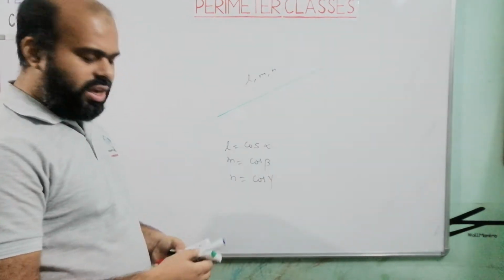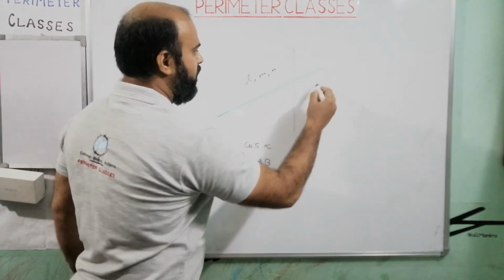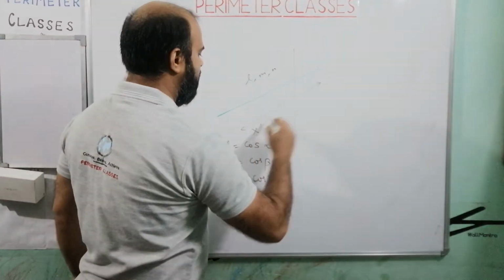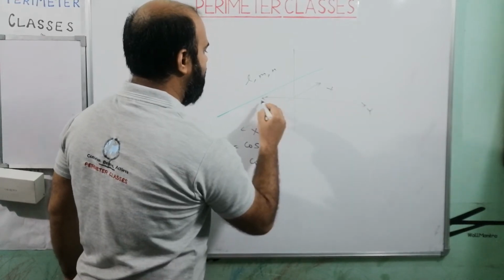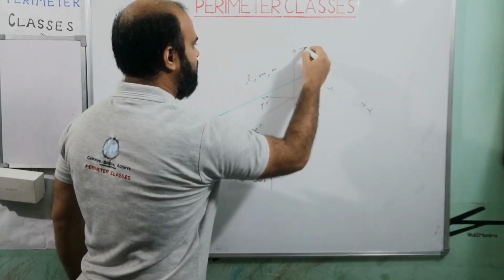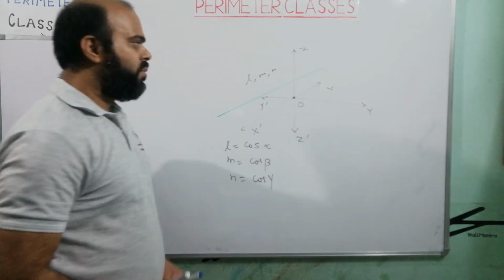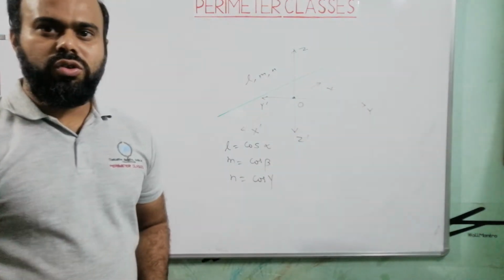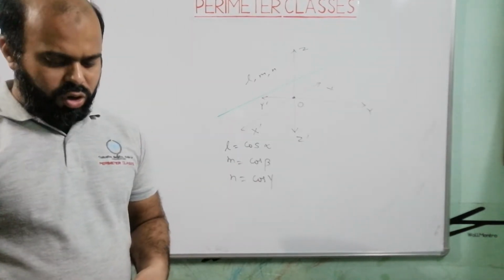So let us draw the coordinate system also. This is the x dash line, this is the y dash line, and this is the z and z dash line.